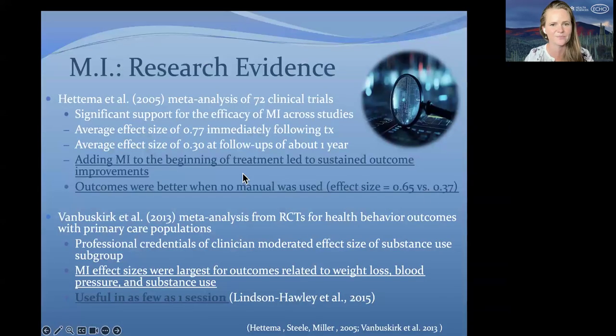And then lastly, a slide for your reference, really, because the literature on motivational interviewing is incredibly robust. A couple points that I'll just highlight here that I think are really interesting: some of the earlier pilot studies in the early 2000s showed that the outcomes were better when no manual was used, which seems confusing. But it turns out that was an iteration that was much more similar to cognitive behavioral therapy.